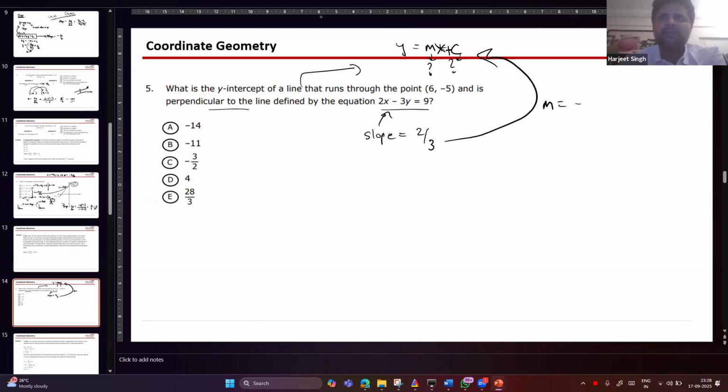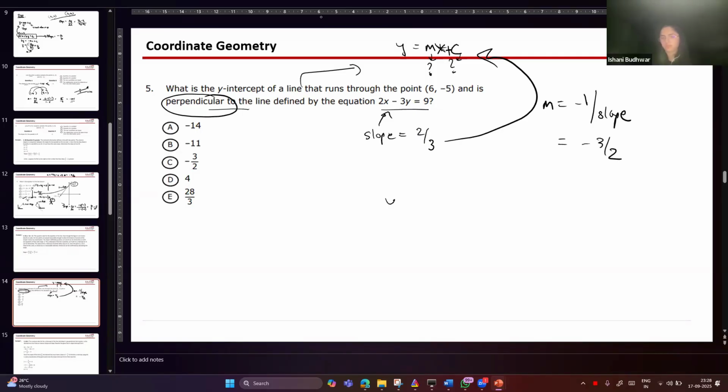Perpendicular means minus 1 by slope. So take the reciprocal and minus. So our slope becomes minus 3 by 2.